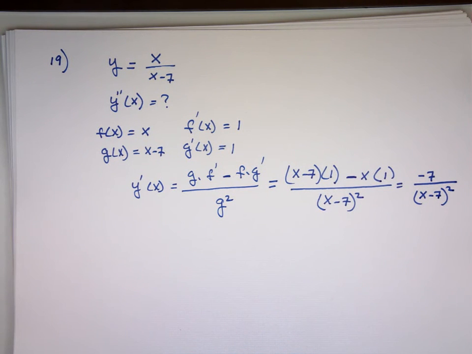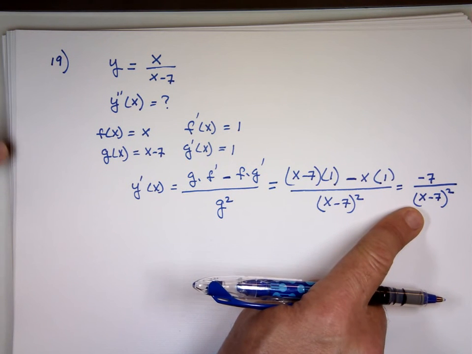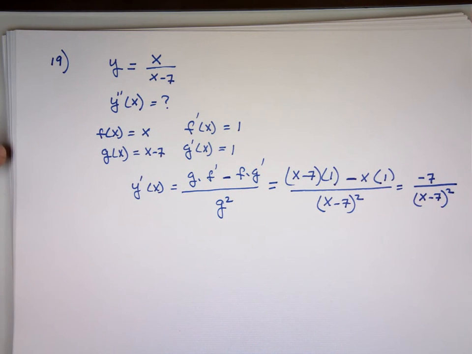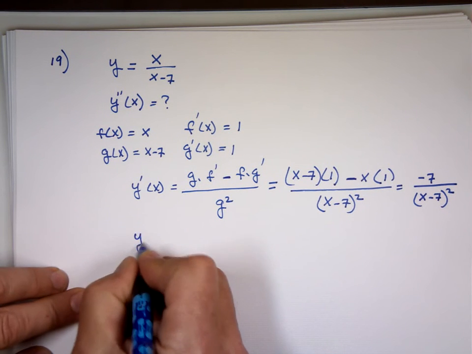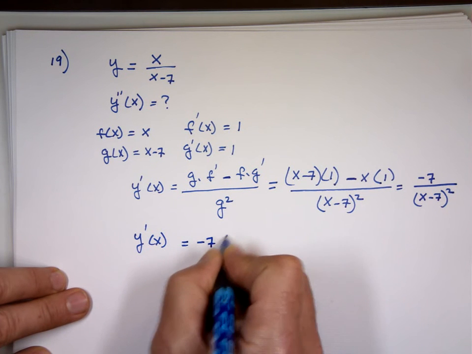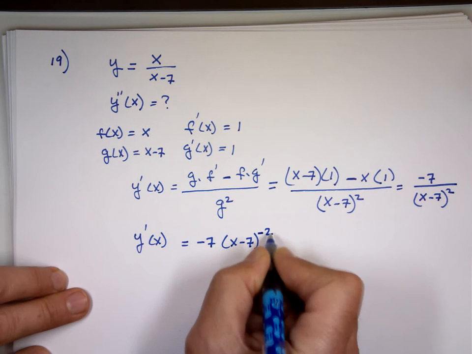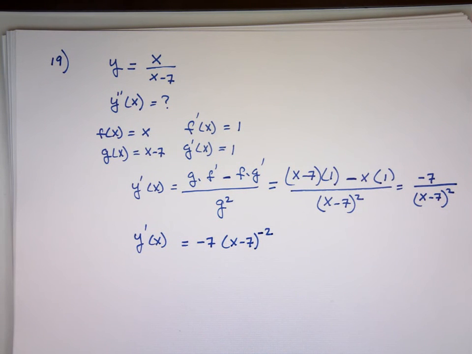Now I'm going to take the second derivative. I'm going to cheat here. Instead of making this f and this g and repeating the process, we covered that in section 4. Notice if you look at that through section 4, this is negative 7, x minus 7 to what power? Negative 2. What's the derivative of that?